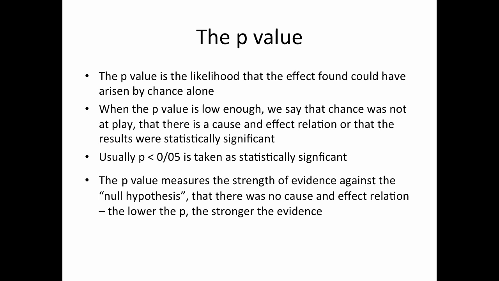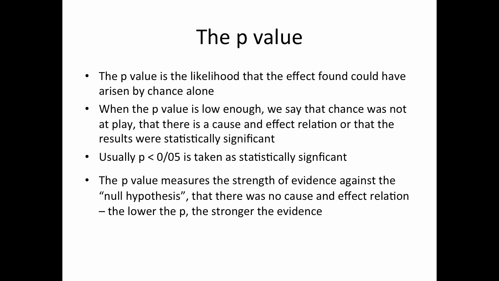The p-value measures the strength of evidence against the null hypothesis. Now, you might have forgotten what that means from medical school days, but the null hypothesis is a kind of way of saying at the beginning of a study that there is no cause and effect relationship between the intervention we're giving and what we see happen.